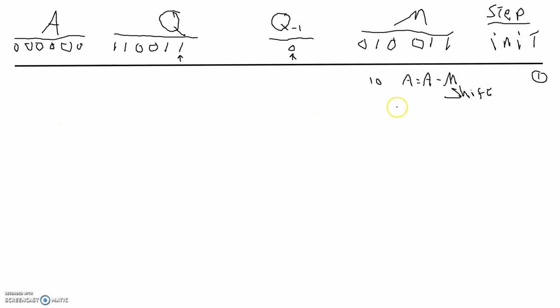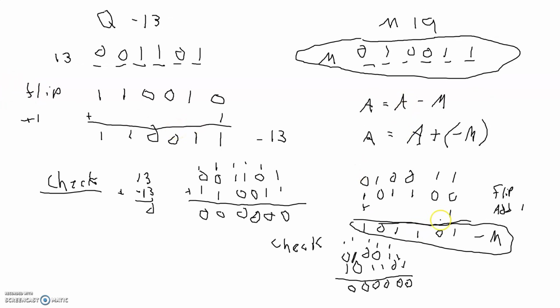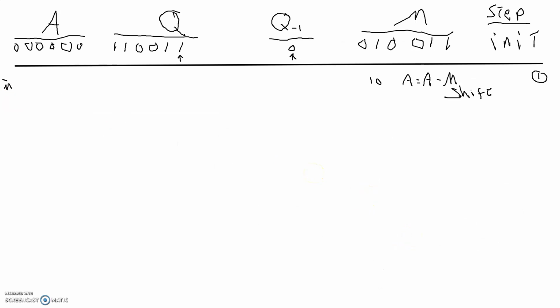Okay. So A is this part over here. I want to add to it minus M. And just as a reminder, if we come back here, the minus M is 1, 0, 1, 1, 0, 1. Well, that should be easy to remember. 1, 0, 1, 1, 0, 1.